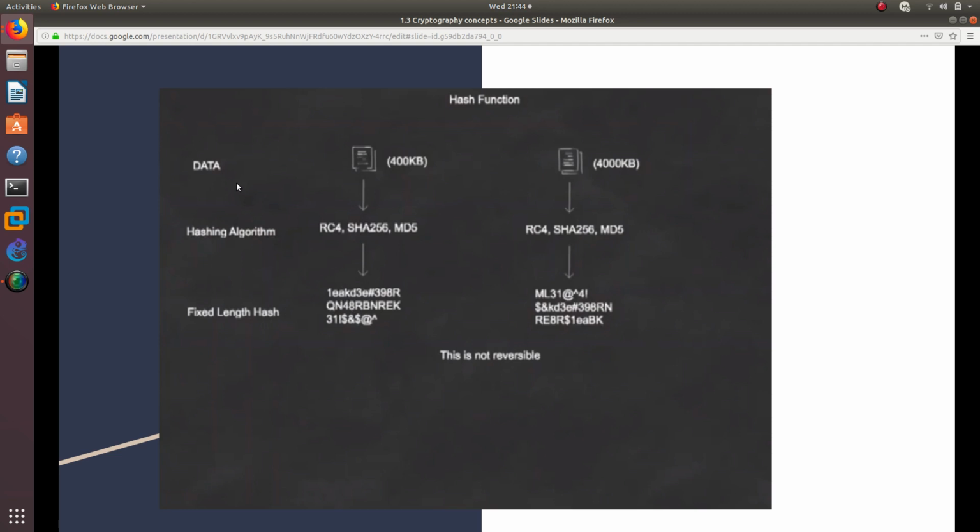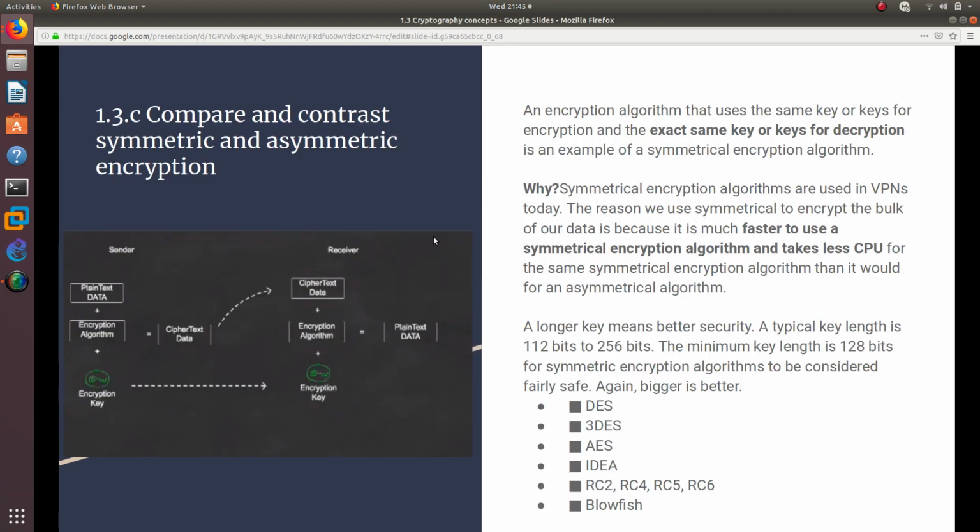And as you can see, it is completely different than the one that has 4,000 kilobytes on it. It gives you a whole different fixed value. And even if you change this to 401, it will give you a completely different fixed length than this one. It won't be anything near this value right here. And this process is not reversible at all. Just remember that for the exam.